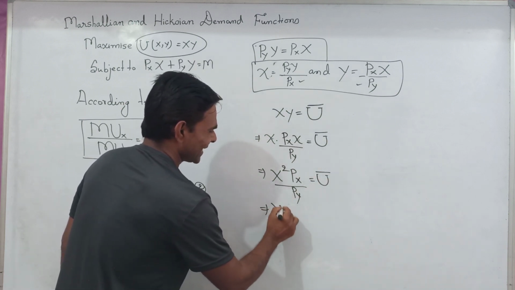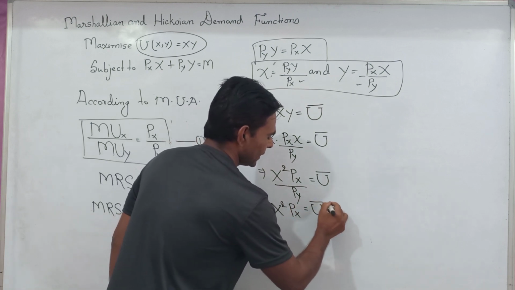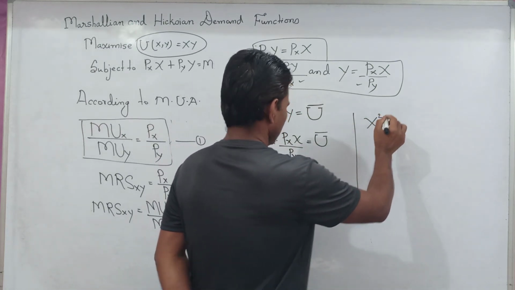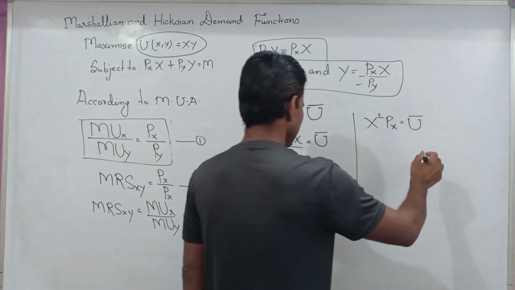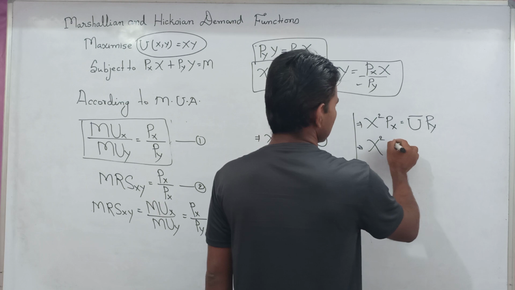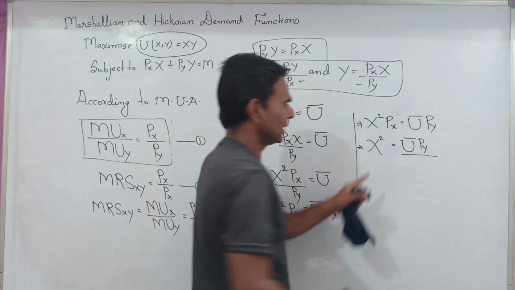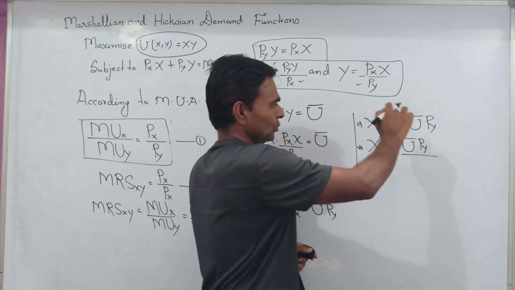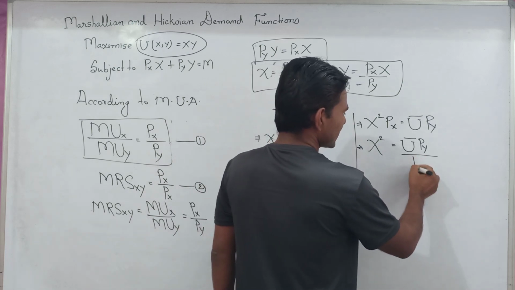By cross multiplication, x square price of x equals fixed level of utility into price of y. Therefore, x square equals fixed level of utility times price of y divided by price of x.